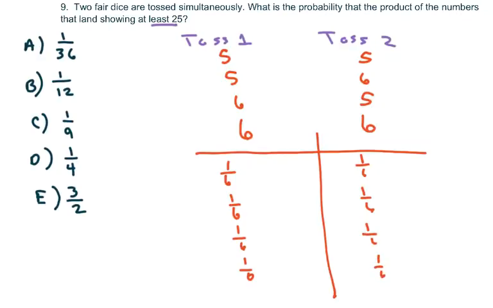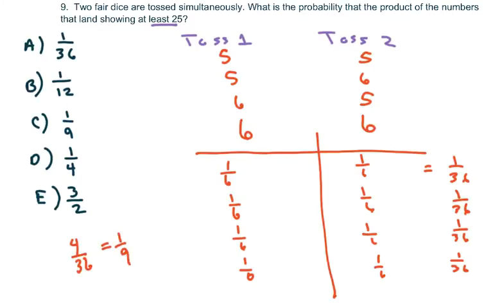And so when you multiply this across, you get 1/36 each. So the total is 4 over 36, which equals 1/9.